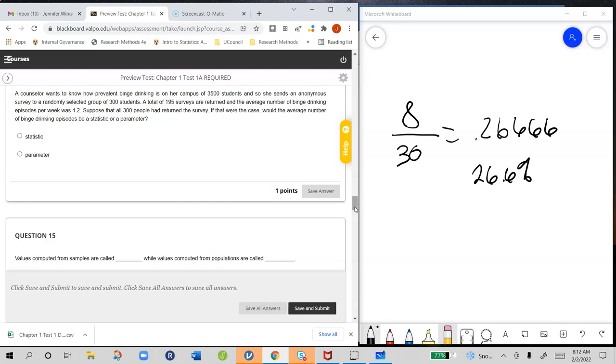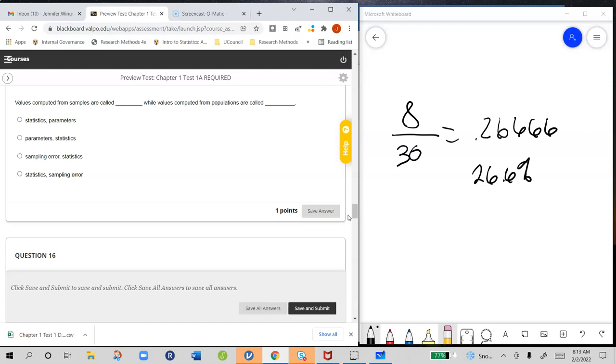It doesn't change anything. The average number would still be a statistic because you're looking at a subsample of the overall 3,500 people. It would only be a parameter if you considered the entire college campus of 3,500 people a population and all 3,500 people responded to the survey and you received an answer from them.